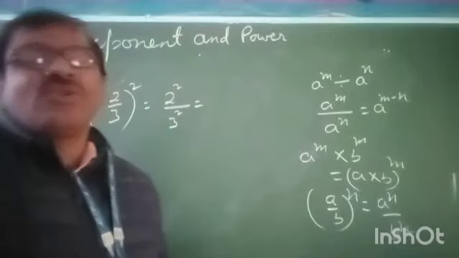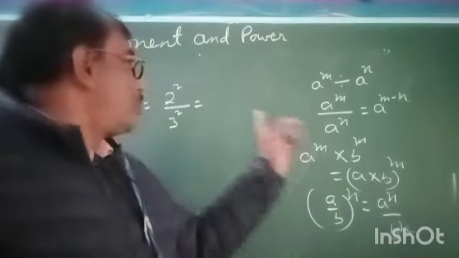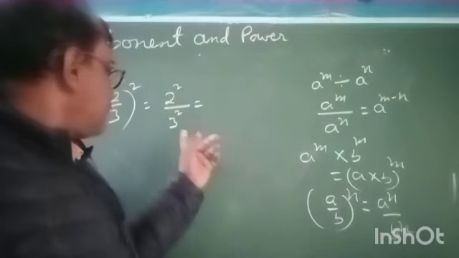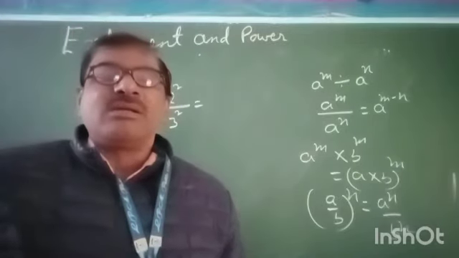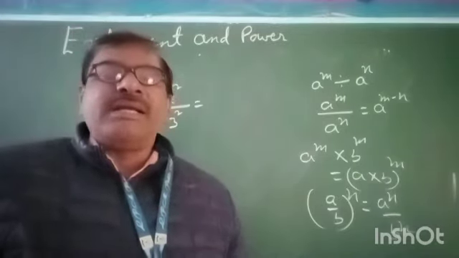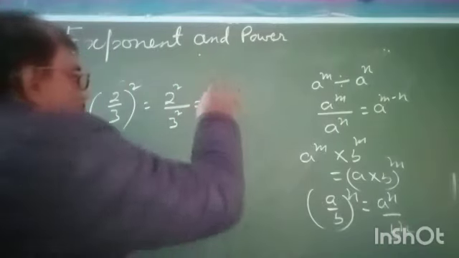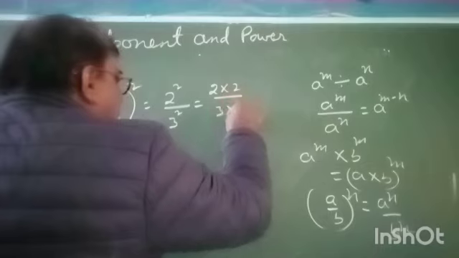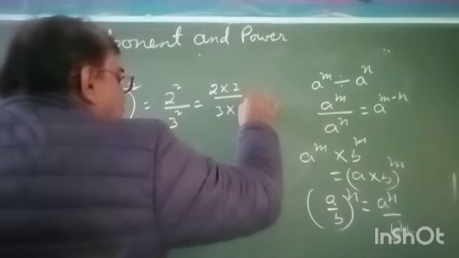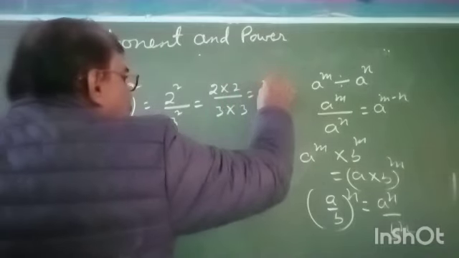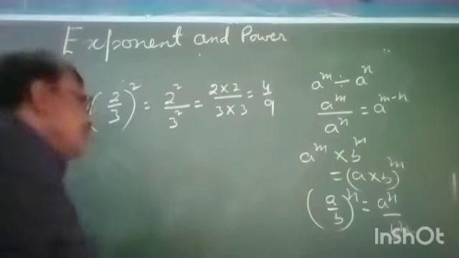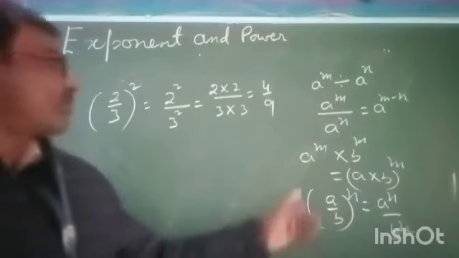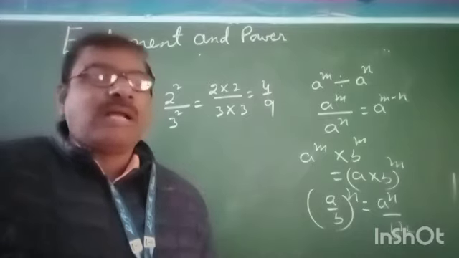As you know, 2 square means 2 multiplied by 2 and 3 square means 3 multiplied by 3. So it will be equal to 2 multiplied by 2 upon 3 multiplied by 3, which is 4 upon 9. So (2/3) whole square equals 4 upon 9.